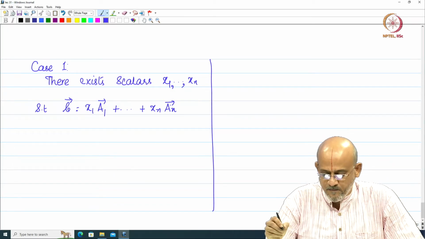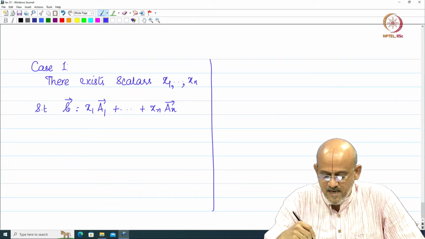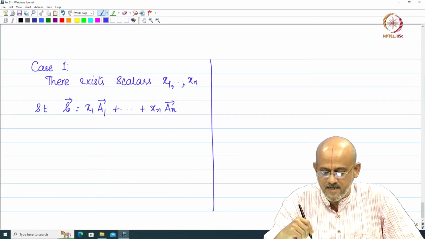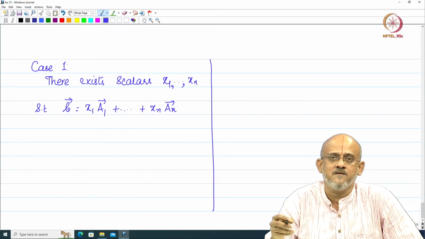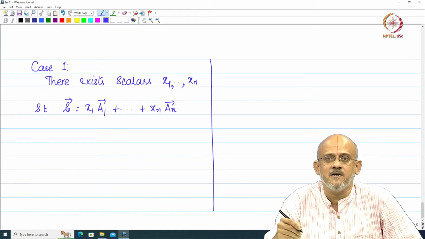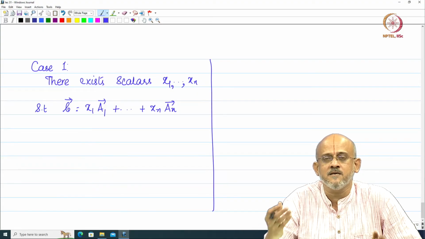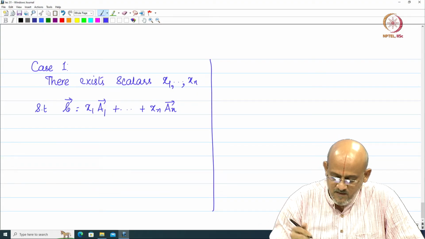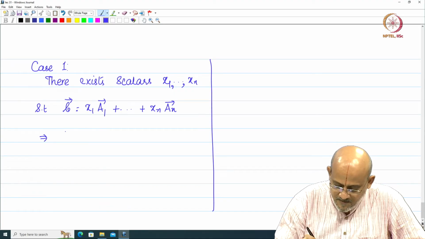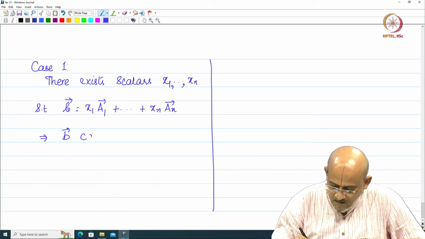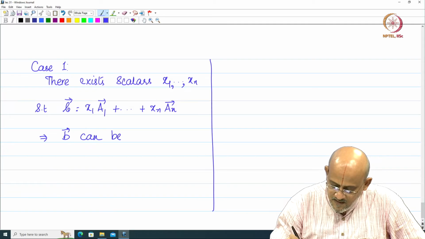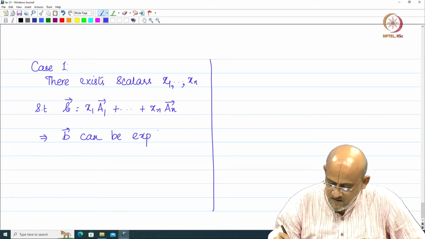This clearly says that B can be expressed as a linear combination of the column vectors A1, A2, An, which are the columns of the matrix A. This means B can be expressed as a linear combination of the columns of A.